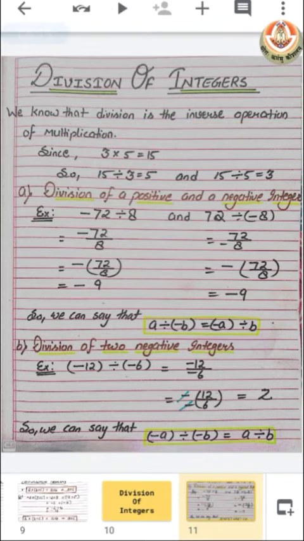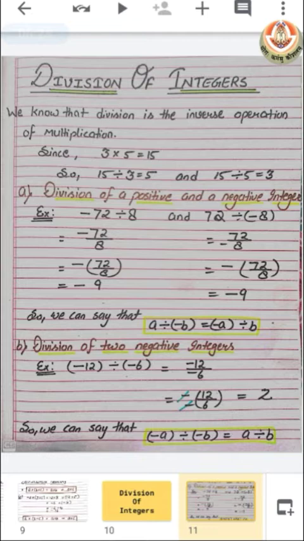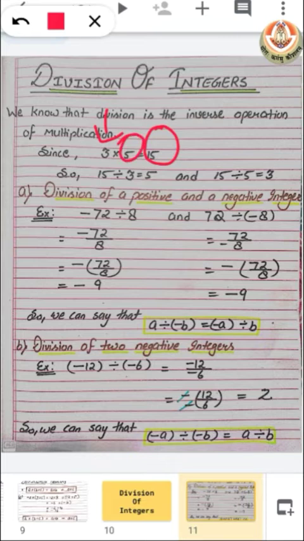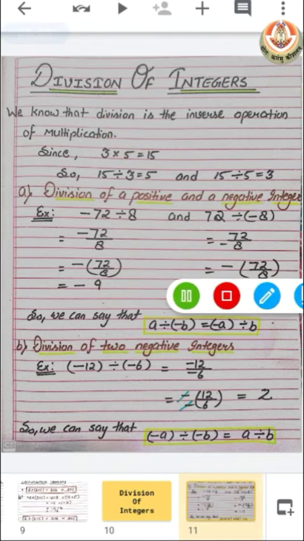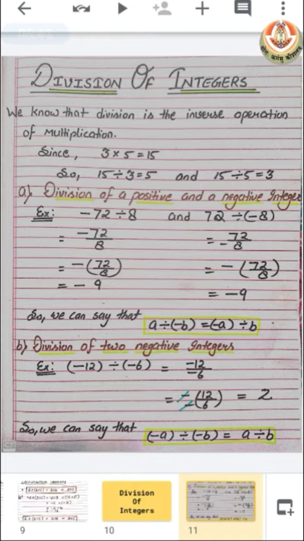That means we can divide 15 by 5 to get 3, or we can divide 15 by 3 to get 5. You can easily see this. This is what these lines mean, that division is the inverse operation of multiplication.